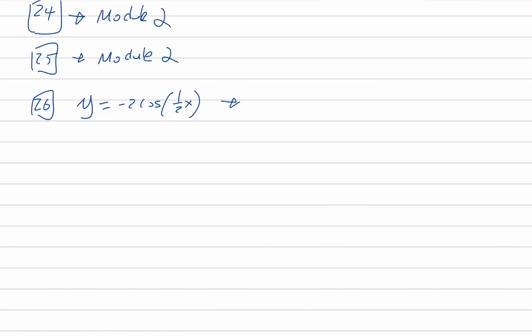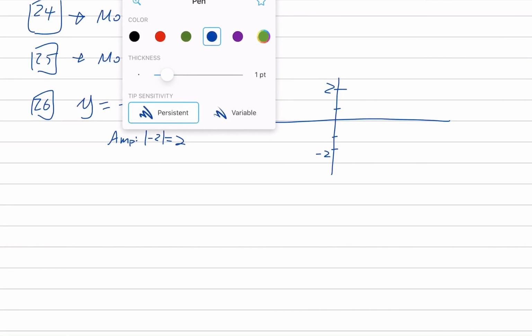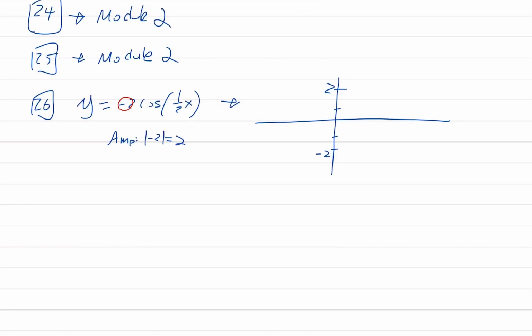This one, first find the period. Oops, sorry. Let's just find the amplitude first. Amplitude is the absolute value, which is 2. So the high is 2, and the lowest point will be negative 2. It's also negative 1 here, right? Well, negative multiply.